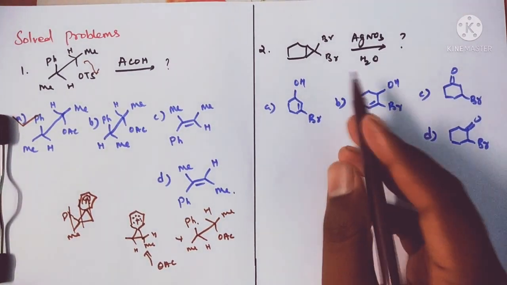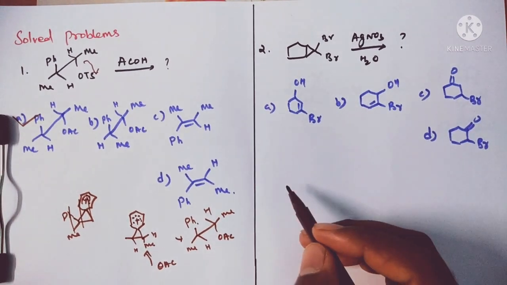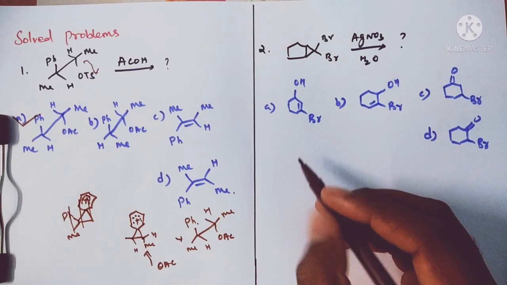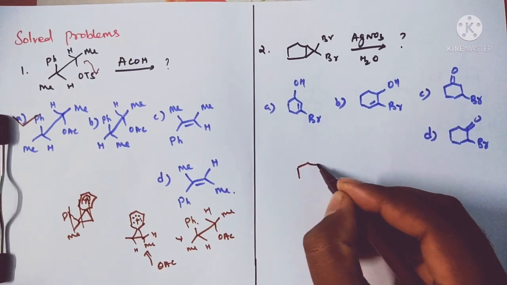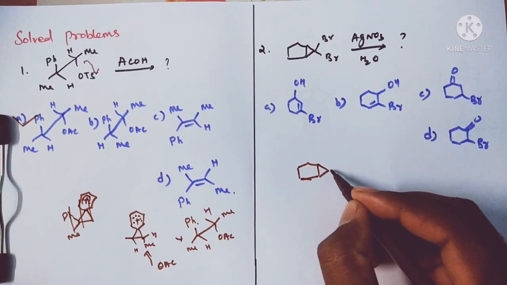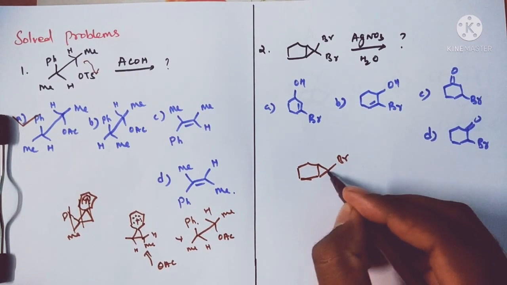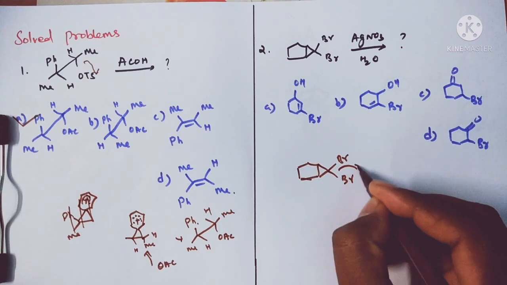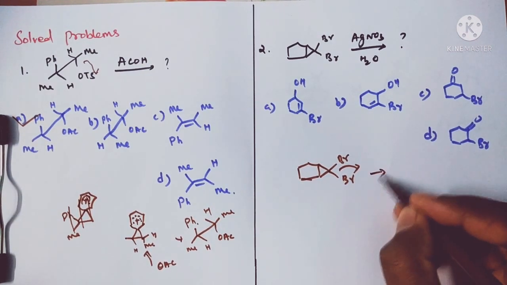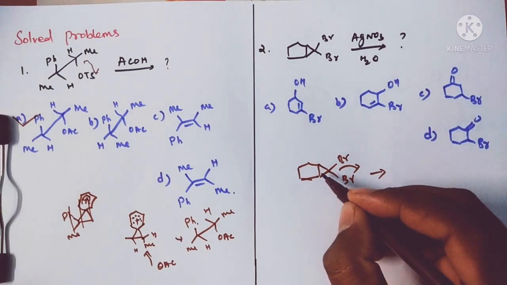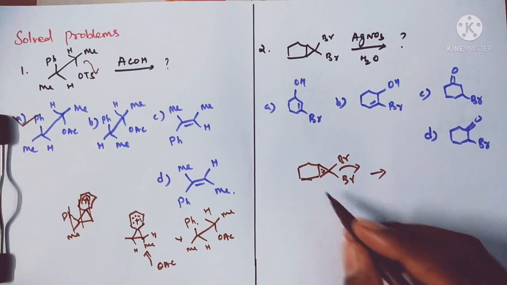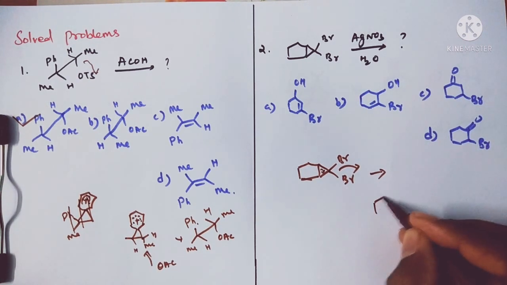Let's have a look at this one in the presence of silver nitrate. So elimination of bromine. Ring expansion happens. So what happens? This bond comes here, which leads to a 6-membered ring.